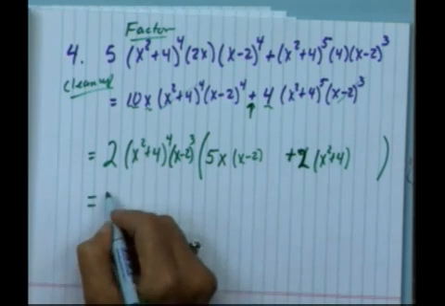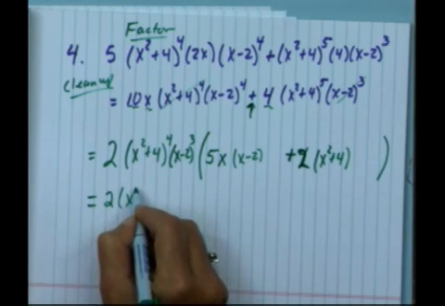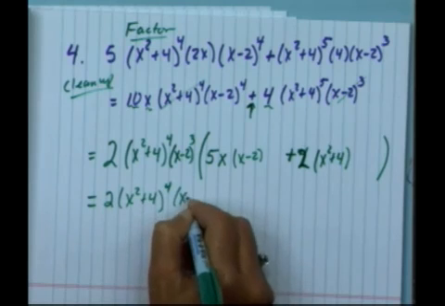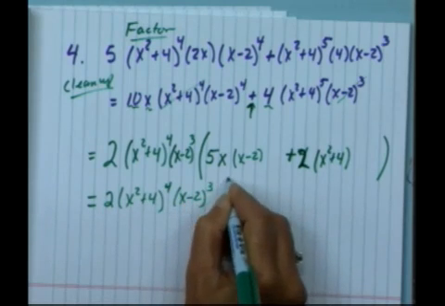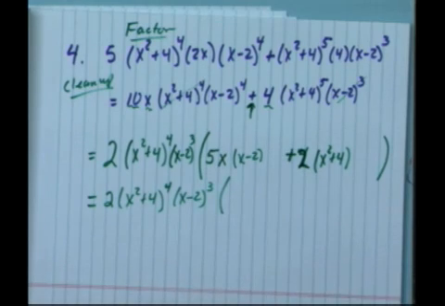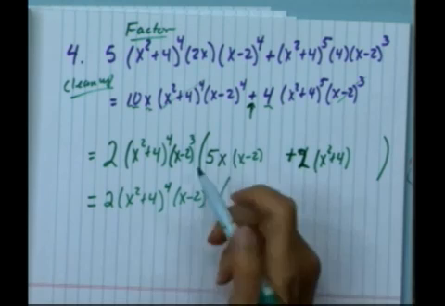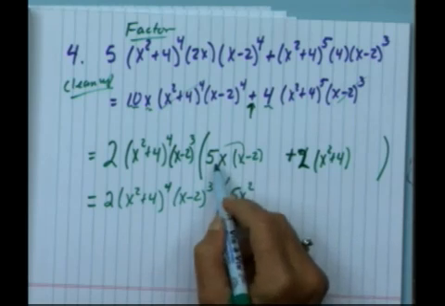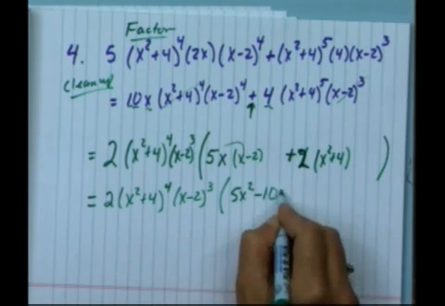All right, so factor means we're writing everything as a product, so all we have to do now is clean up in the big set of parentheses. Okay, so I'm going to multiply in here so I can see what else is going on. 5x times x is 5x squared minus 10x.